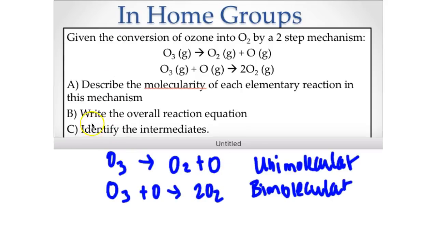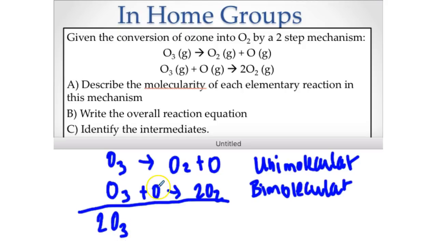The second part of this question says to write the overall reaction equation. Because O3 is found on the same side in both, it's going to be 1 plus 1, so it's 2. I'm going to put a line here. 2O3.